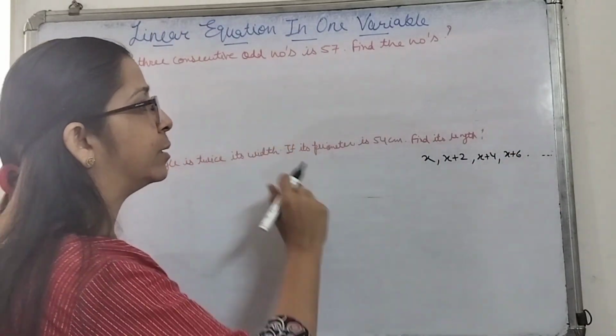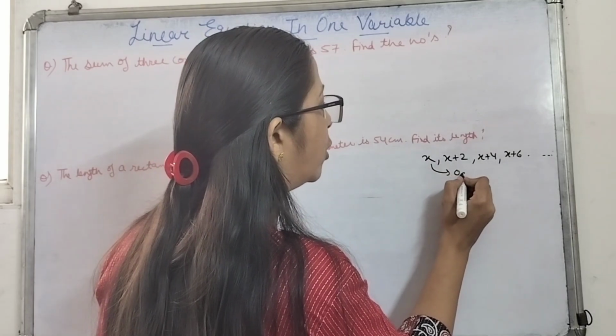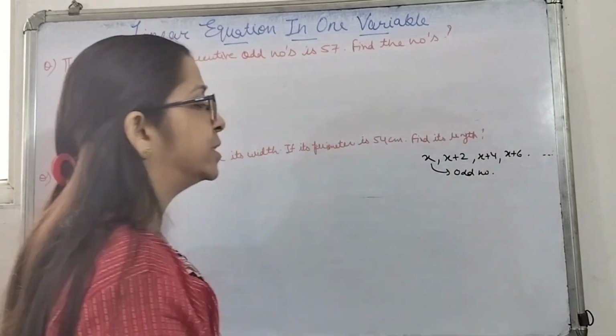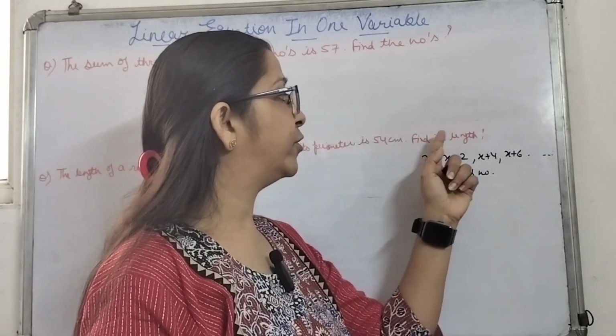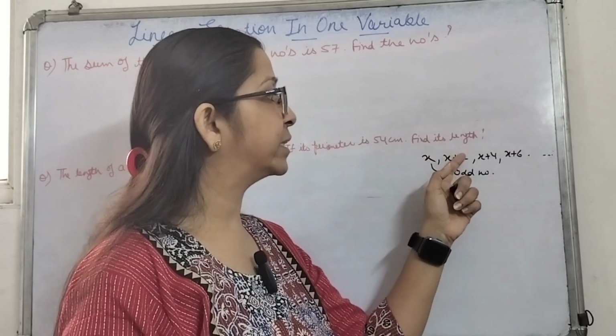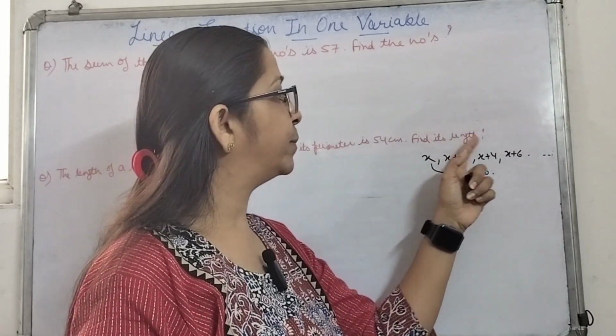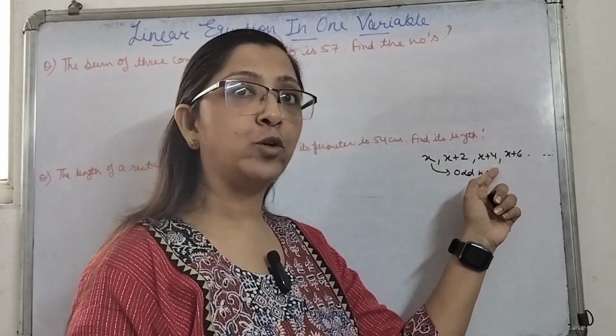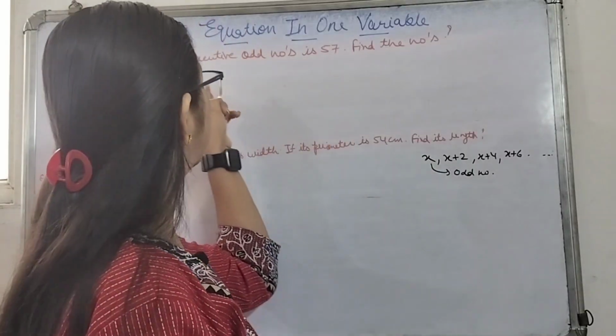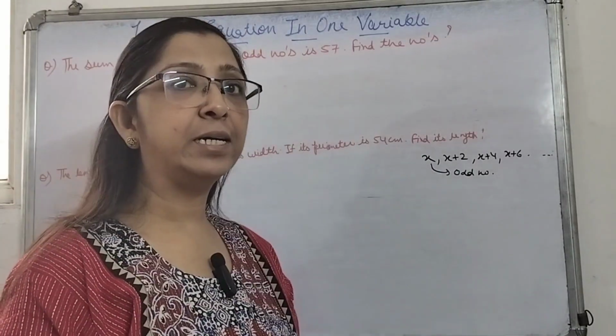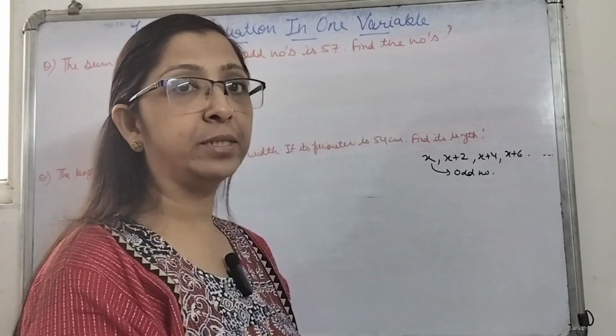If x is an odd number and we add 2 to it, we get the next odd number. Then again adding 2, we get the next odd number. So whenever consecutive odd numbers are asked, these will be the numbers.